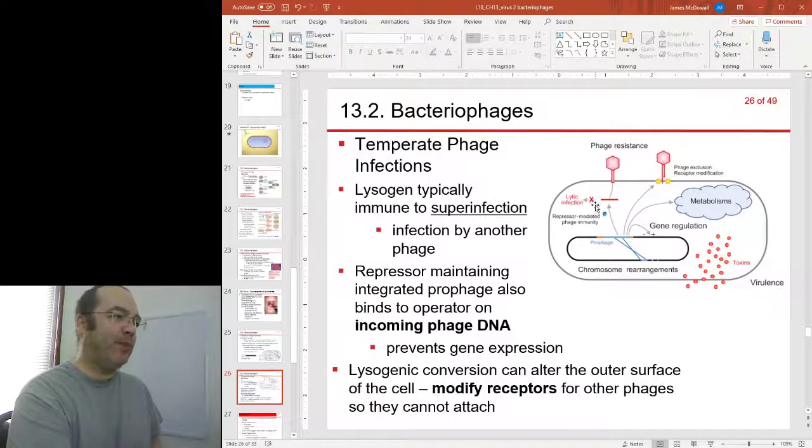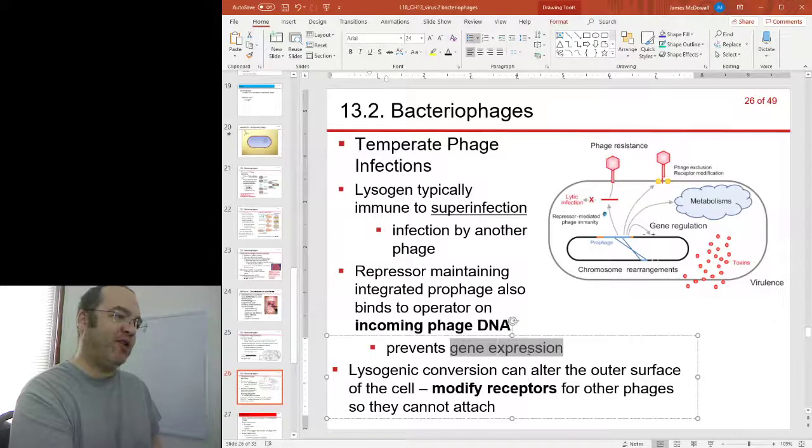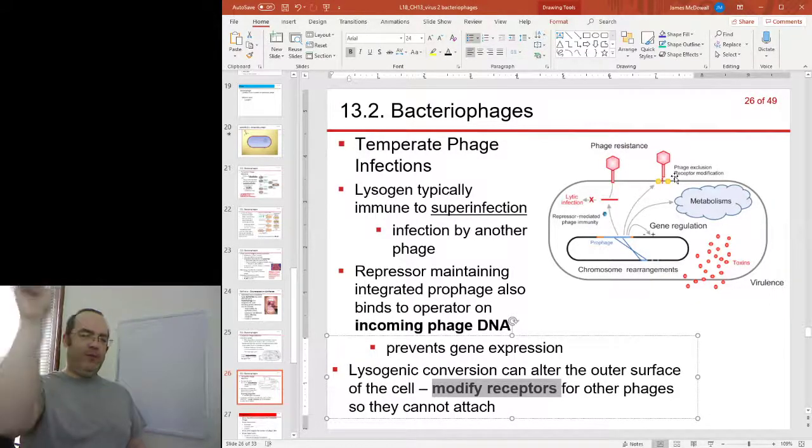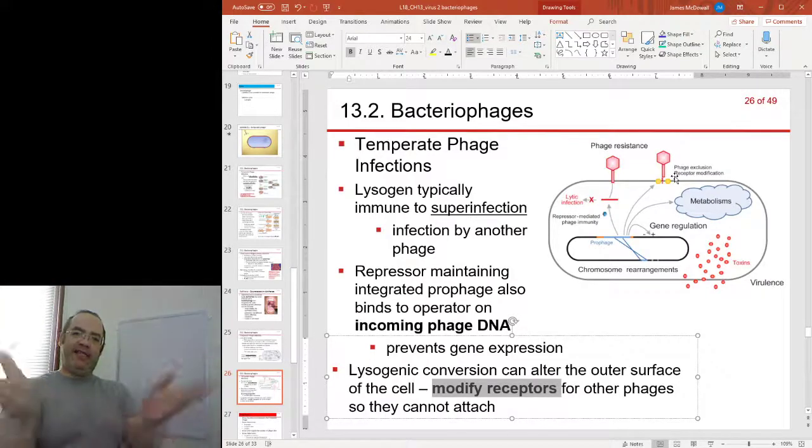It'll do that by preventing the incoming phage DNA from expressing any genes. The other thing it might do is that genes in the prophage may alter receptors. So the prophage genes contain altered variations of the molecules in the bacterial membrane.